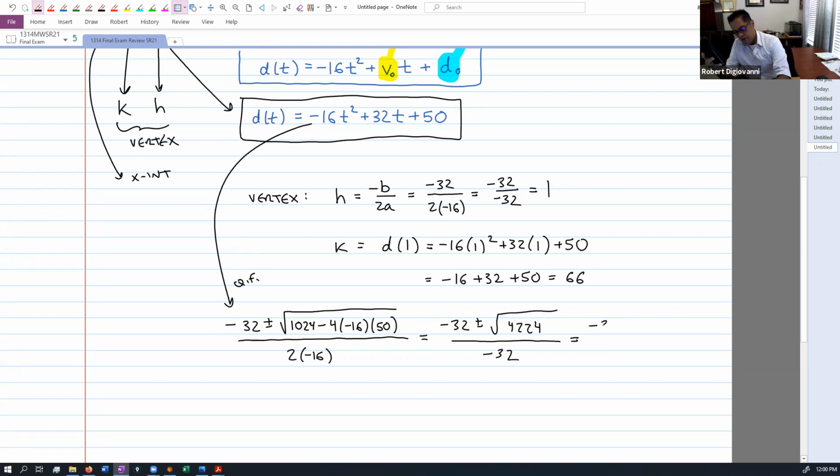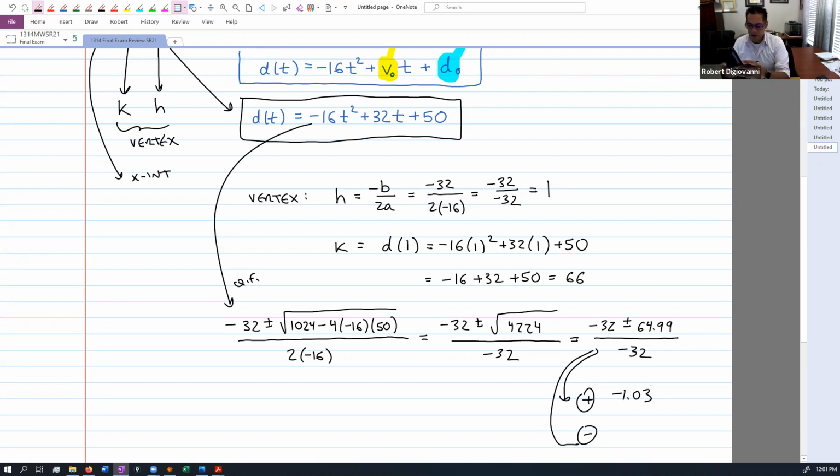Now take the square root of that. So -32 plus or minus about 64.99, all over -32. Be careful here: don't cancel these -32s. You're not allowed to do that. You have to do the plus or minus first. So now I get my two cases, my plus and my minus case. -32 plus 64.99, divided by -32, gives -1.03.